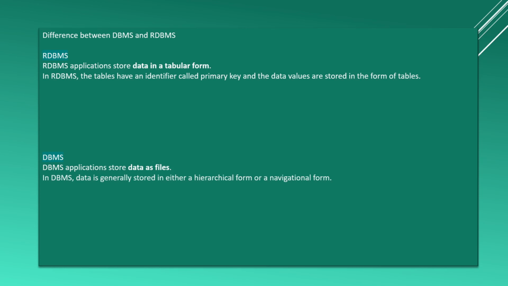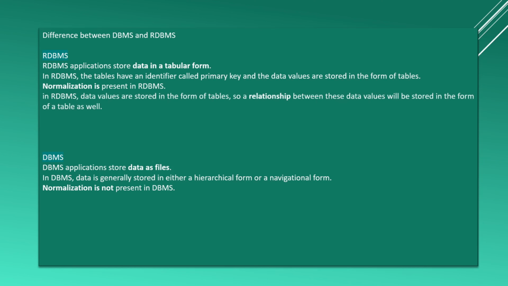In DBMS, the data is generally stored in either a hierarchy form or a navigational form. Normalization is present in RDMS and it is not present in DBMS. RDMS supports distributed database, whereas DBMS does not support.